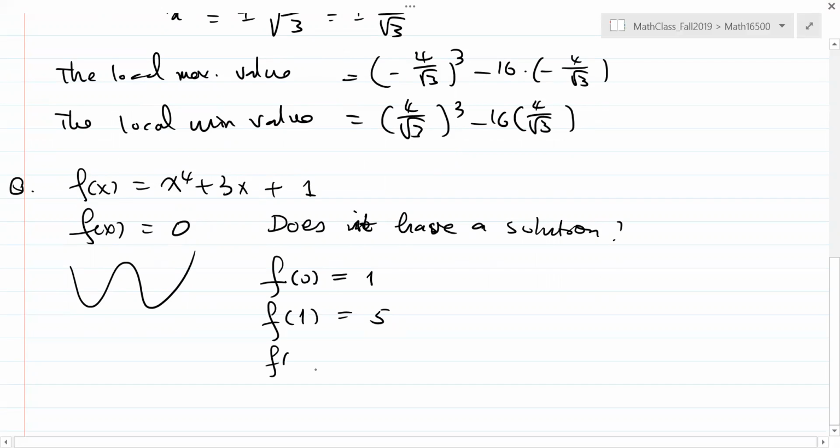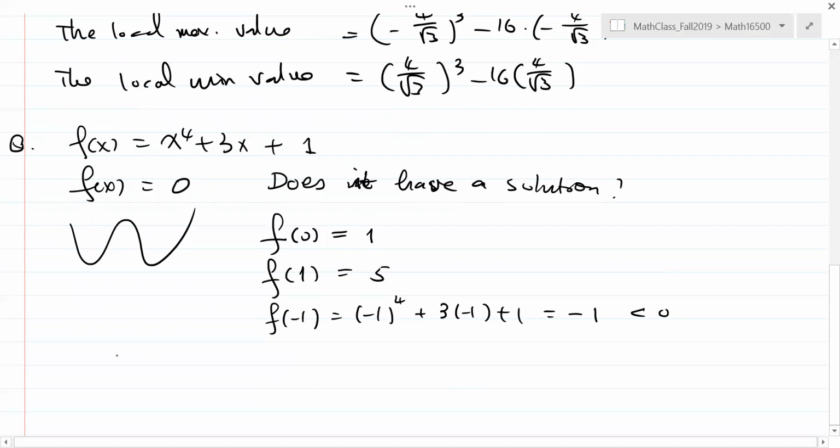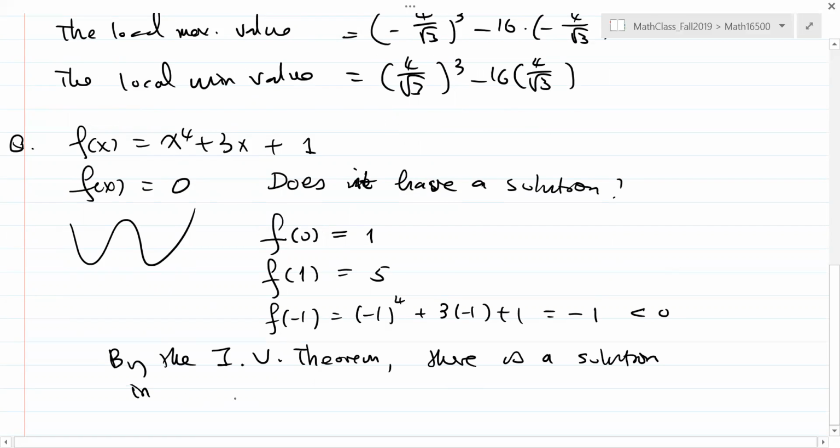So how about negative 1? Negative 1 to the fourth power, minus 3 times negative 1... 1 plus 1 minus 3 is negative 1. Okay, it's negative. Great. It has the opposite sign. So therefore, by the intermediate value theorem, there is a solution in the interval between negative 1 and 0.